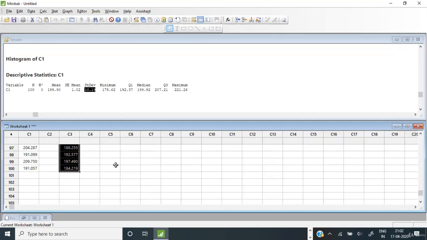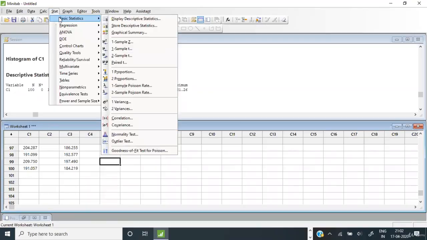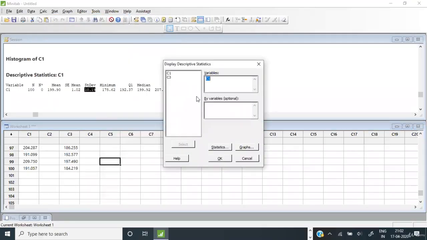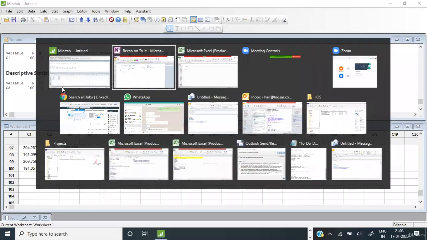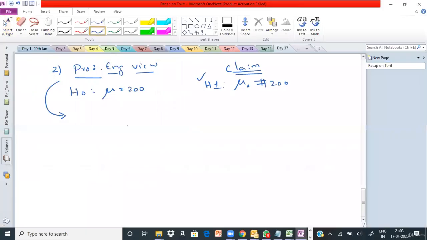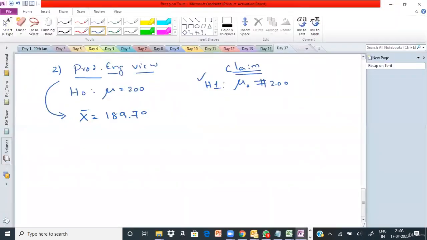Okay. For this data, let me go and calculate. See here, the mean is 189.79. For this, your X bar is 189.79.